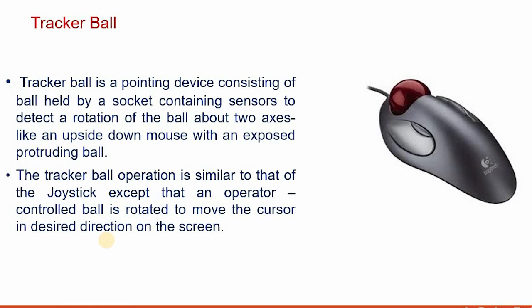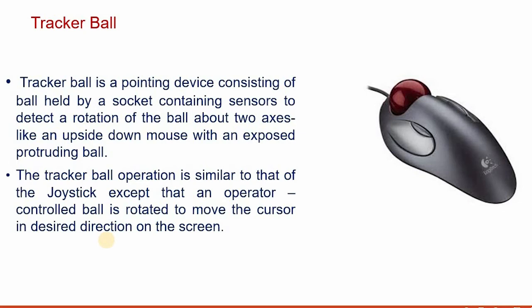So in the trackball, the socket contains the sensor which is used to detect the rotation of the ball about the two axes. So we can control the cursor position and select the cursor positions.